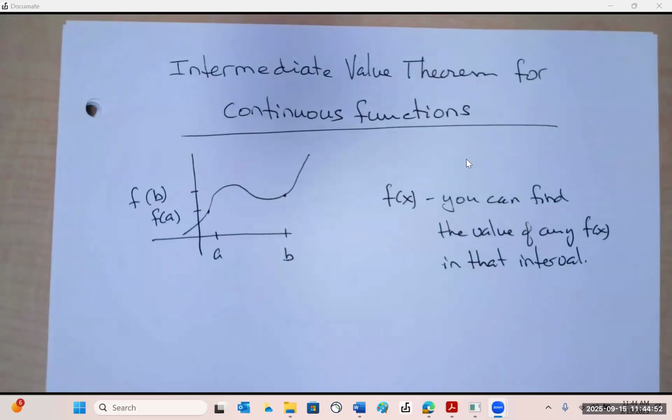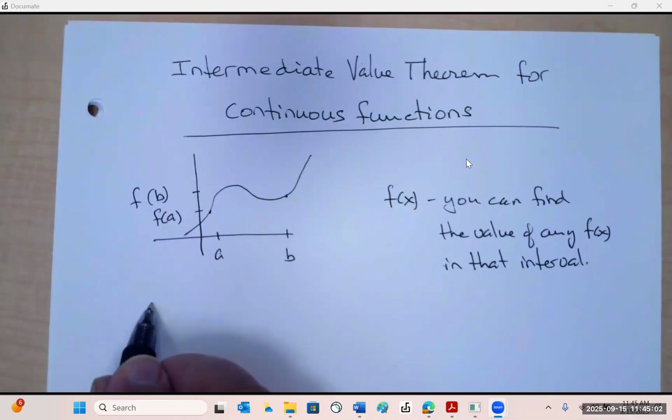Now, in algebra, what did we use that for? Because what it said is this. Well, let's put the theorem down. I'll show you why we used it.